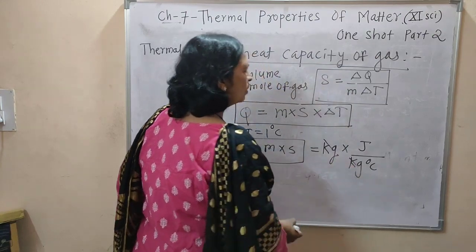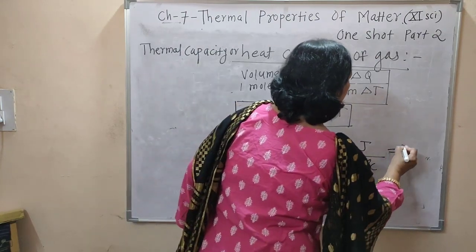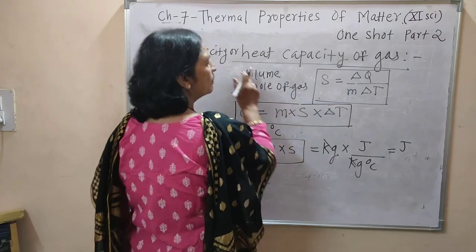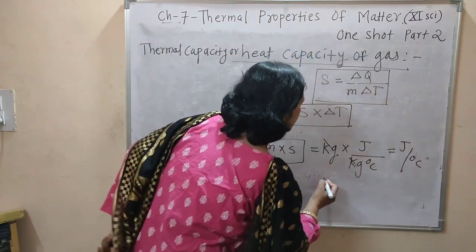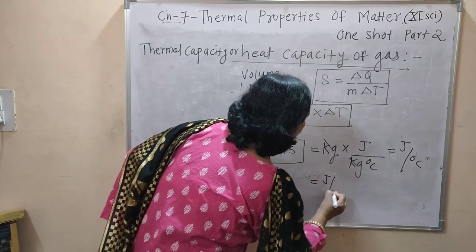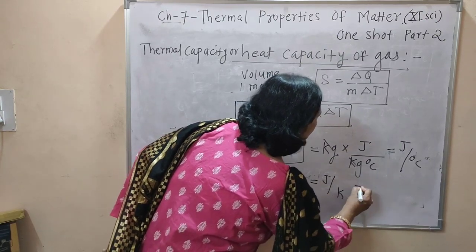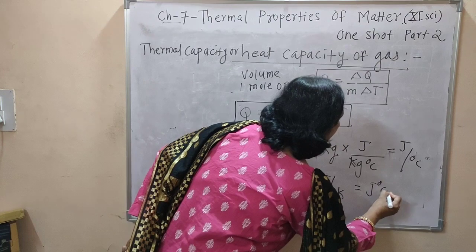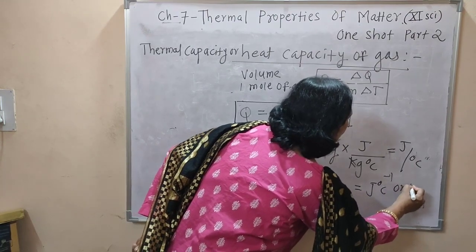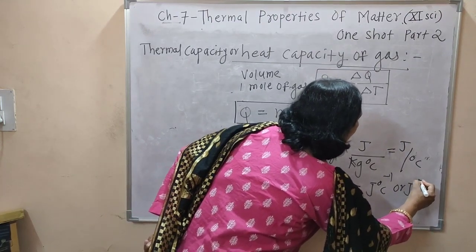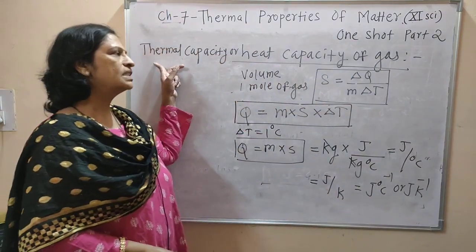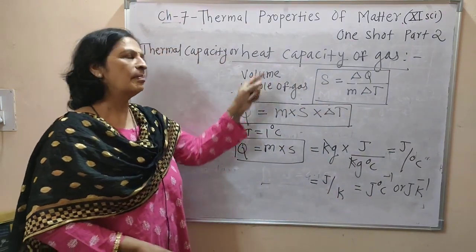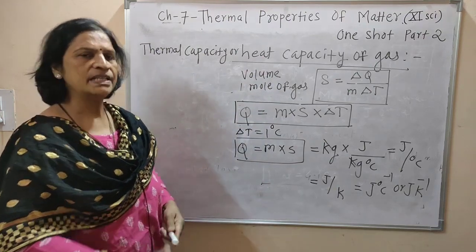The kilogram gets cancelled, and the unit of heat capacity or thermal capacity is joule per degree Celsius or joule per degree Kelvin, that is nothing but joule into degree Celsius inverse or joule into Kelvin raised to inverse. In this manner, this is the concept of thermal capacity or heat capacity.